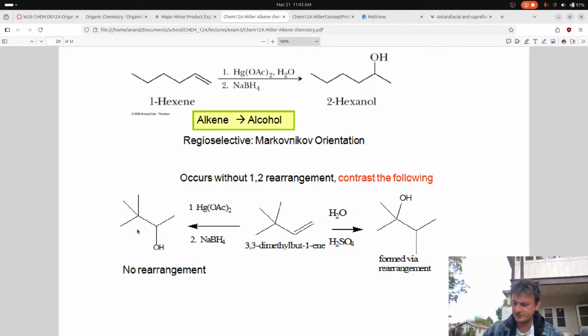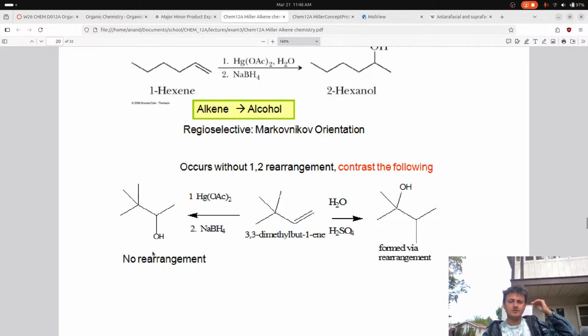I think all we have to do is know that this combination of reagents and reaction conditions leads to the Markovnikov addition of an alcohol without rearrangement. Which is pretty cool. I mean, that's pretty sweet.